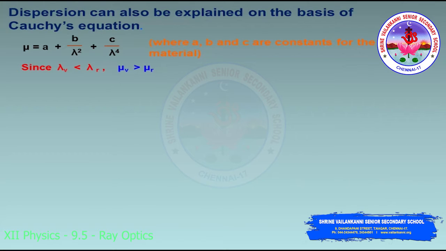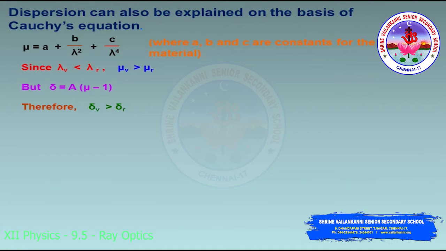So the red color is deviated the least and the violet color is deviated the most. The other colors are deviated by angles between sigma r and sigma v. So the different colors of white light get dispersed on refraction through the prism.